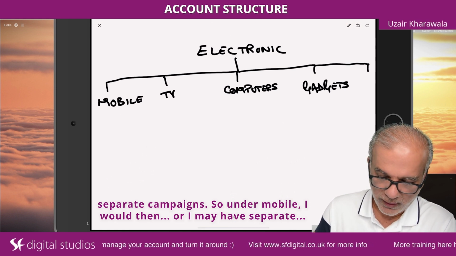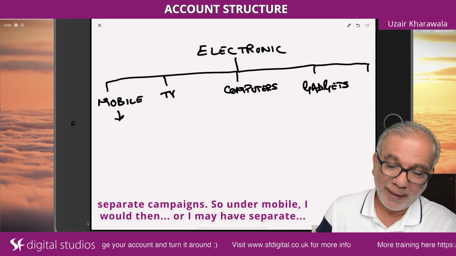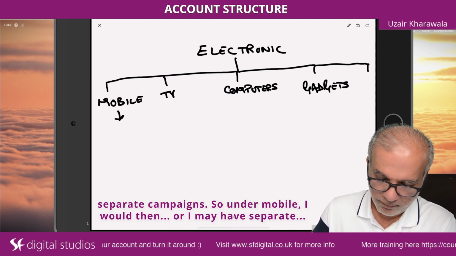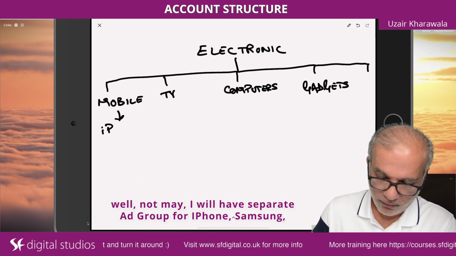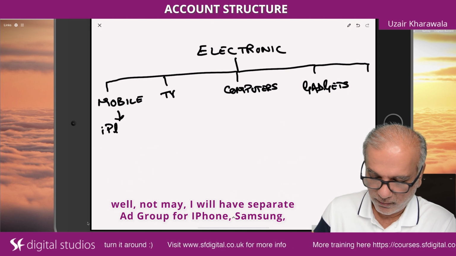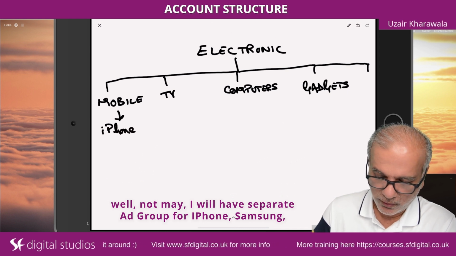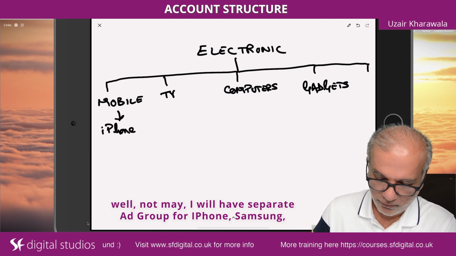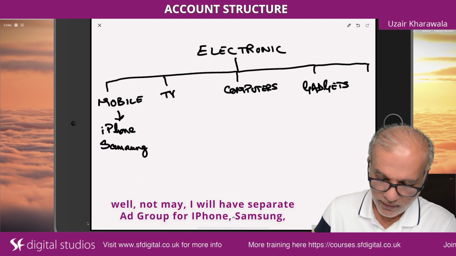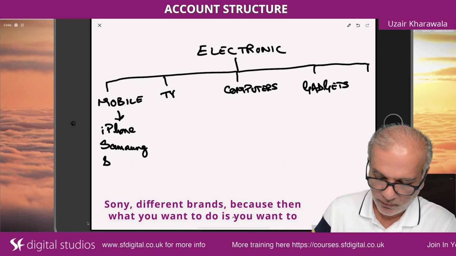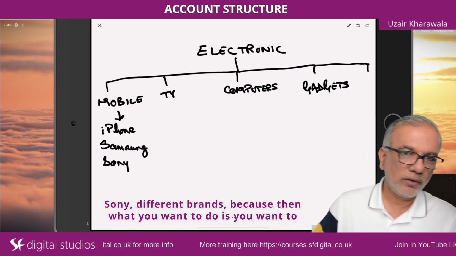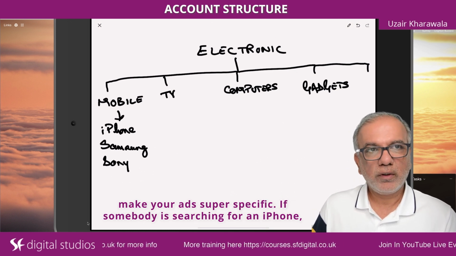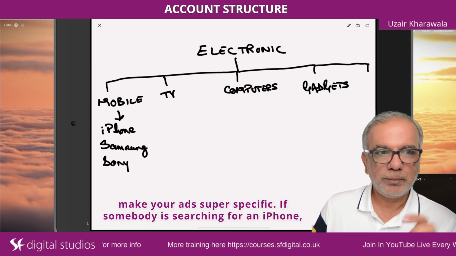So under mobile, I will have separate ad groups for iPhone, Samsung, Sony, different brands, because then what you want to do is make your ads super specific.